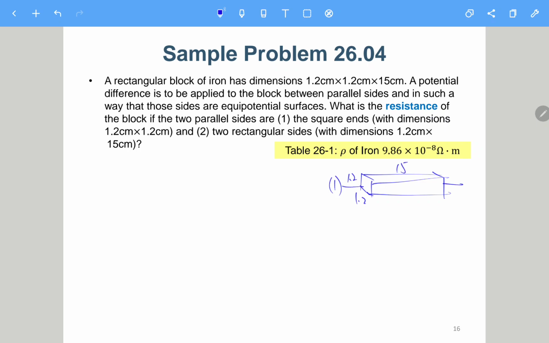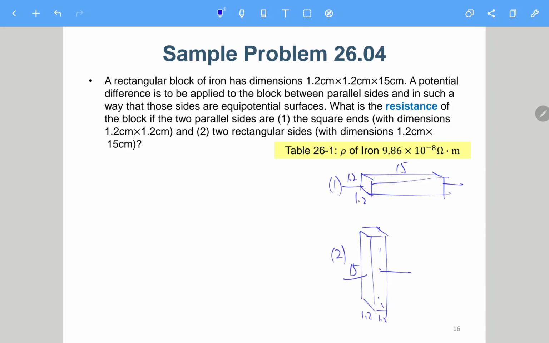For the second case, it is like 1.2 times 15, and then times 1.2.